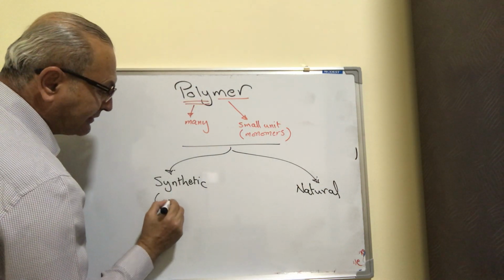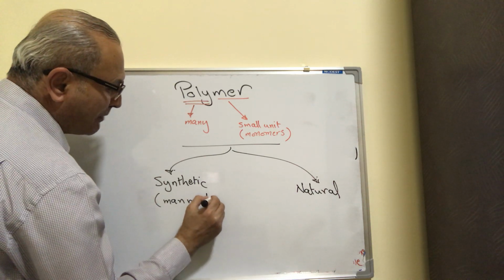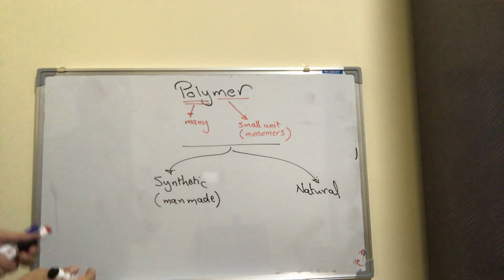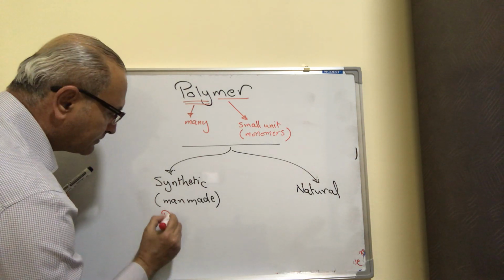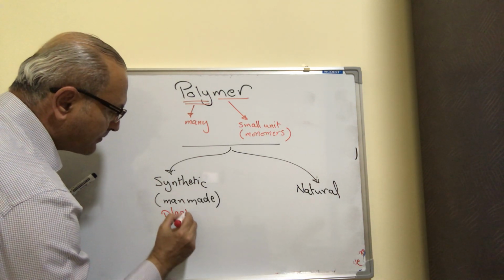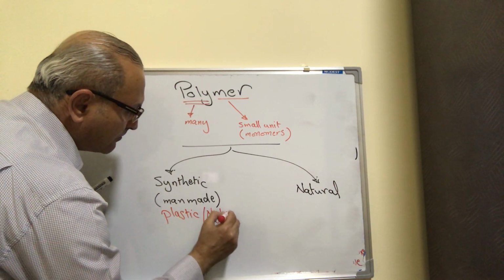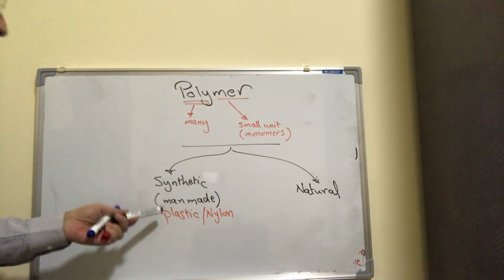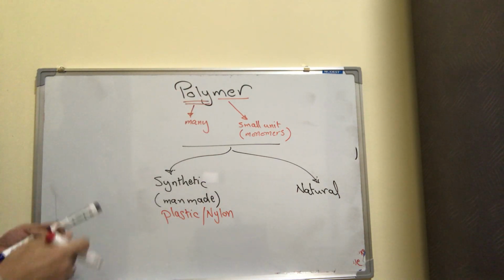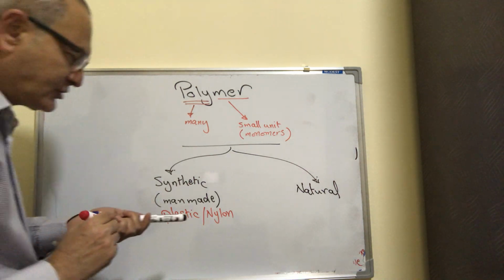Synthetic is man-made, which means that man can make these polymers in industry, for example plastics, all types of plastics, like nylon. These are considered synthetic polymers because they are being produced in factories, in industry.